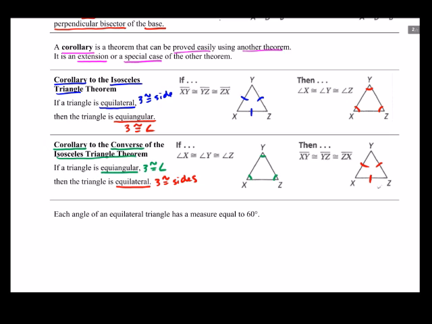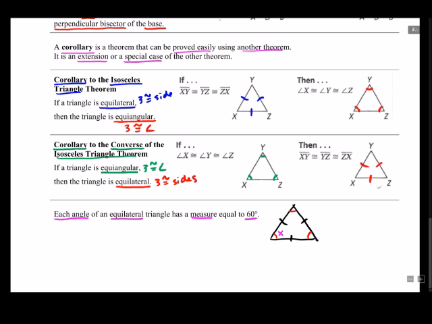Now, one thing pretty cool about equilateral triangles, each angle of an equilateral triangle has a measure of 60 degrees. And it's pretty easy to prove why that's true. So let's look at a triangle here, and we are going to say that it's equilateral. So we know that all of our angles are congruent. So we can say this angle measures x degrees.